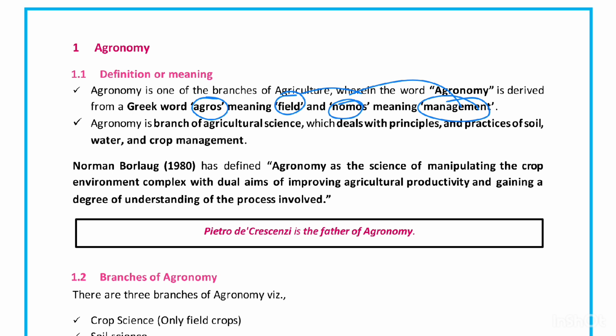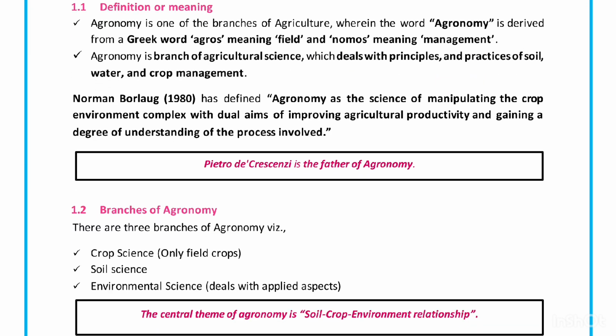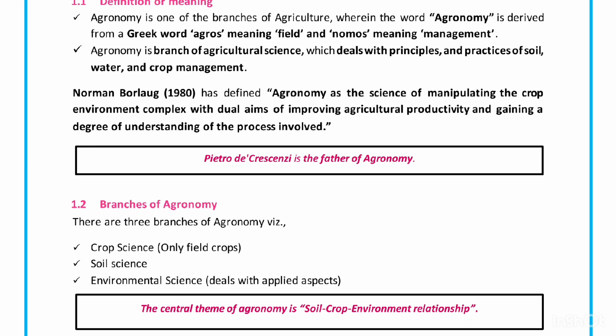So the very first term says that it is a branch of agricultural science. Students, we have discussed this in the very first chapter also, that agronomy is a branch of agricultural science. You can recall that lecture, where we learned about different branches of agriculture, and agronomy was one of them. Clear? Next it says that it deals with the principles and practice of crop production.